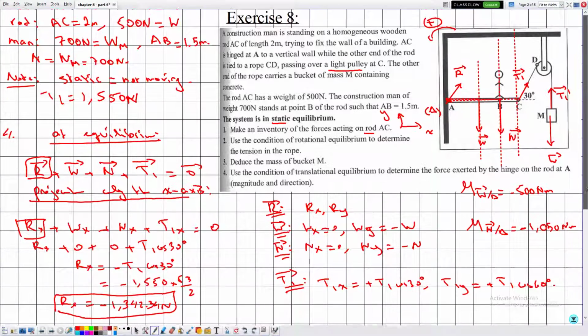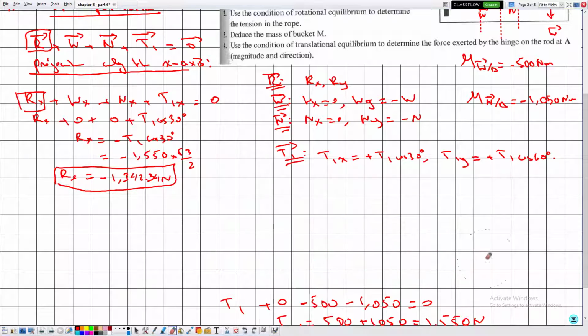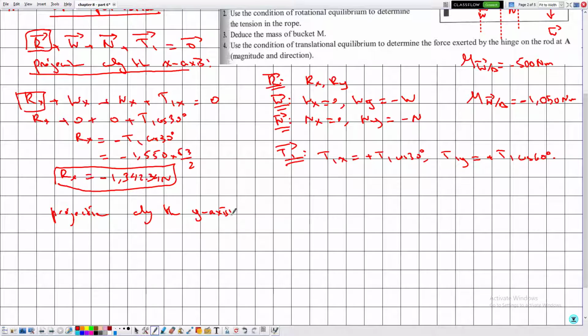Now as for Ry, projection along the y-axis, drop down vector quantities, Ry plus Wy plus Ny plus T1y is equal to 0, and we are interested in determining Ry.